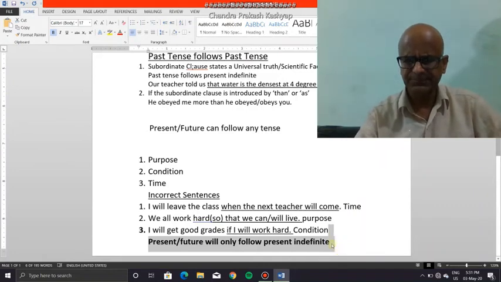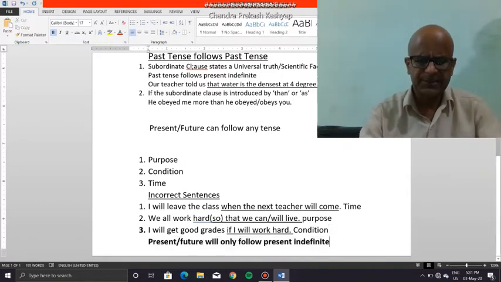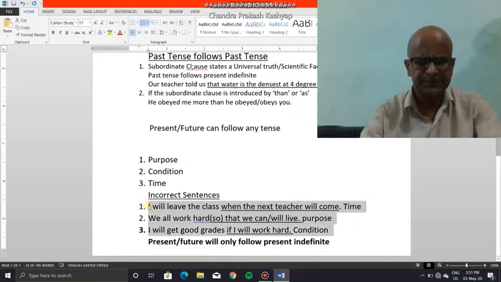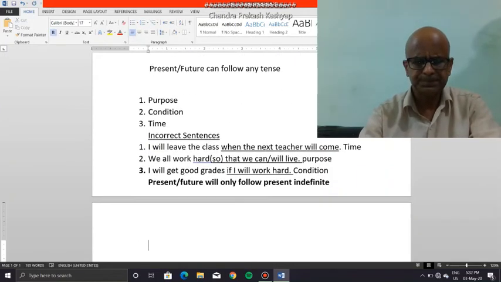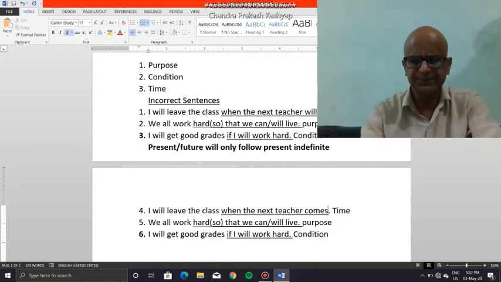That simply means I will have to rewrite all these three sentences in this manner. I will have to remove the future tense and make it present indefinite.